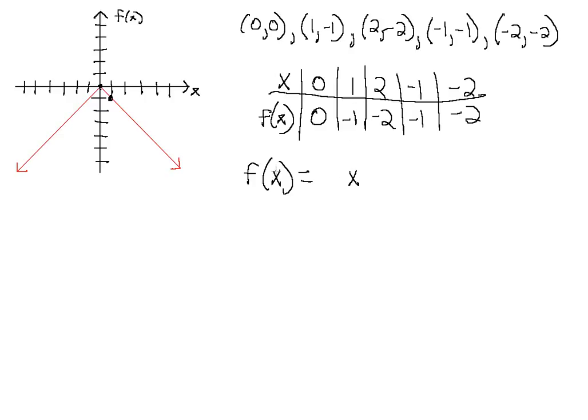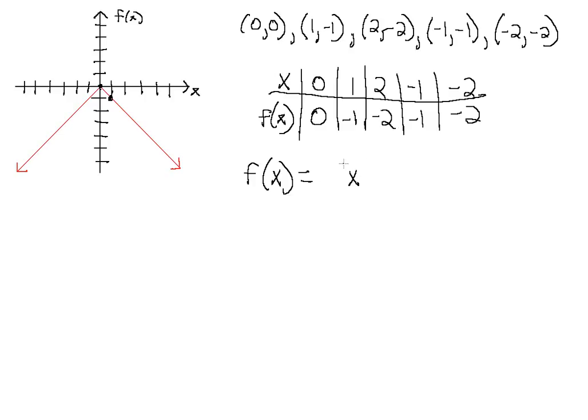Well, we can't just say f of x equals minus x, because it might work here. If we plug in 1 into minus x, we'd get a minus 1. If we plug in 2 into minus x, we get minus 2. But look what happens with the negative numbers right here. We plug in minus 1 into minus x, we'd get a positive 1. And right here we have a minus 1. So minus x isn't going to do it.